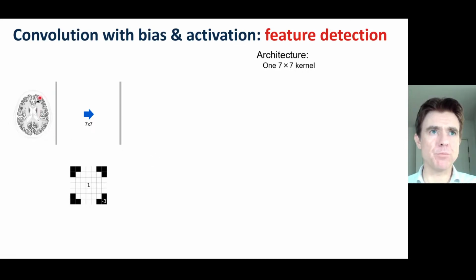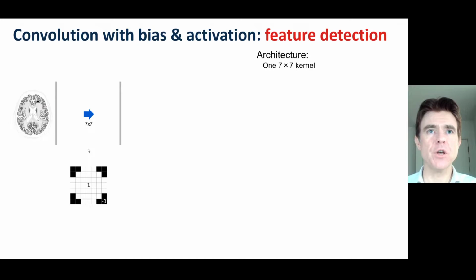So now if we've got some brain image with some feature here, this could be some lesion, for example, what we can do, now I'm going up to a 7x7 kernel. Here I'm not learning the kernel, I'm just showing what we could do if we had learned a kernel like this one.